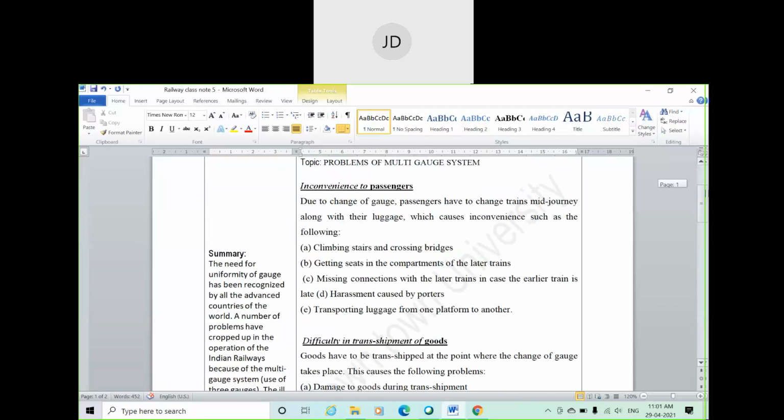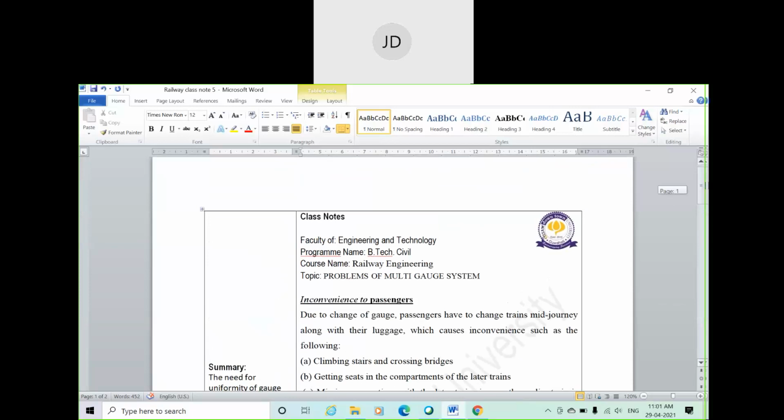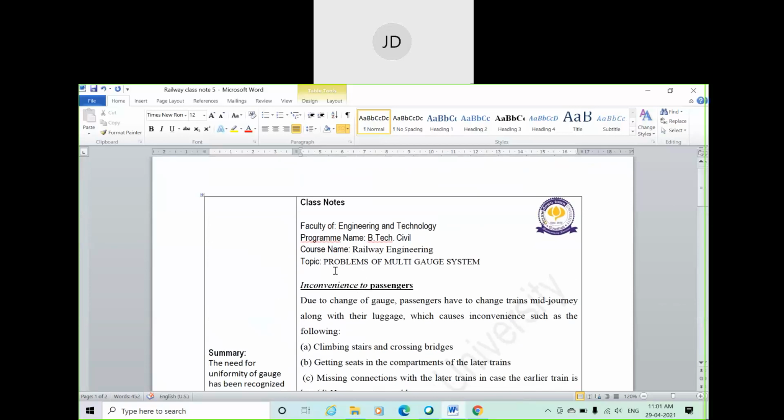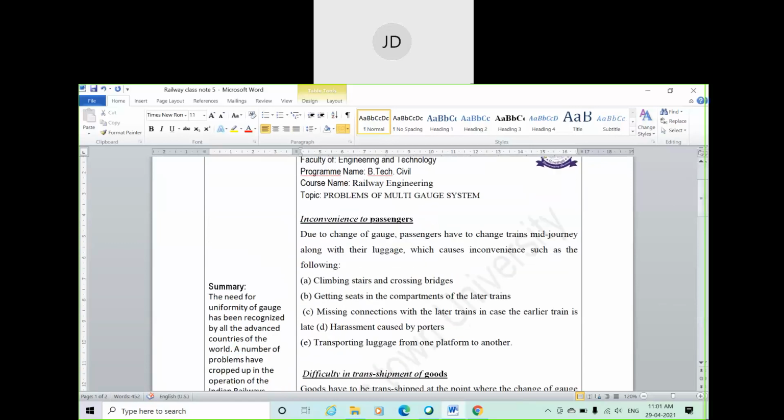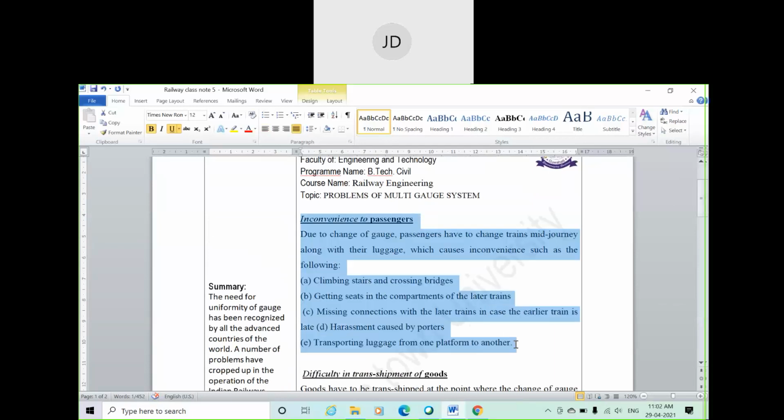Okay, so in a broad way, I want to summarize my class. Whenever I say the problems faced by a country like India due to the multi-gauge system, first and foremost, you have to remember the passenger problem, the inconvenience. You need to remember what are the problems faced by a passenger.